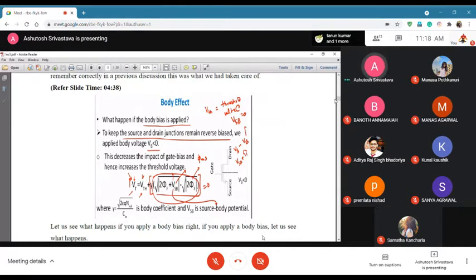Those parameters could be varied when we are fabricating the MOSFET transistor in a complete circuit. But if that has passed and you have already fabricated the chip having all these transistors and still you want to change the threshold voltage, the most effective way is to have a body bias.